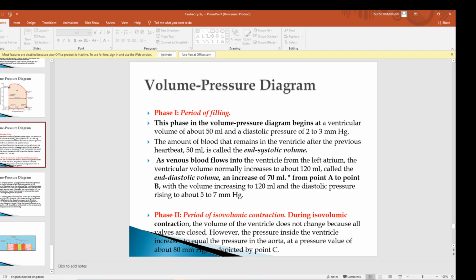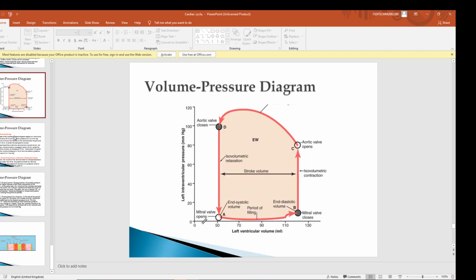As the venous blood flows into the ventricle from the left atrium, the ventricular volume starts to increase up to 120 ml, which is called end diastolic volume, and an increase of 70 ml occurs from point A to point B. You can see from point A to point B.